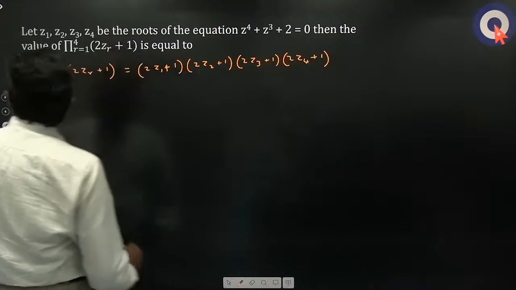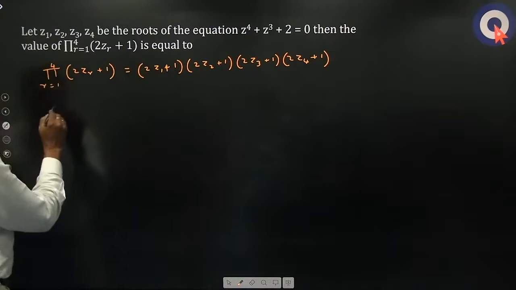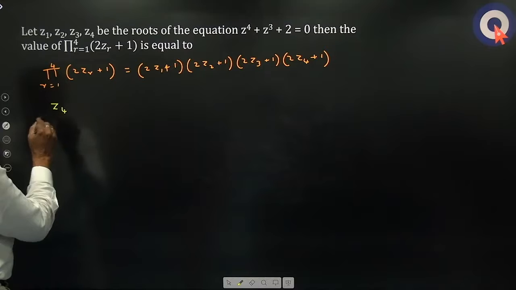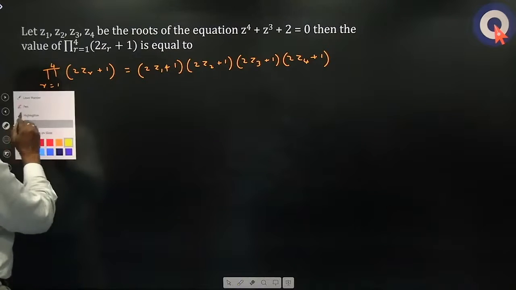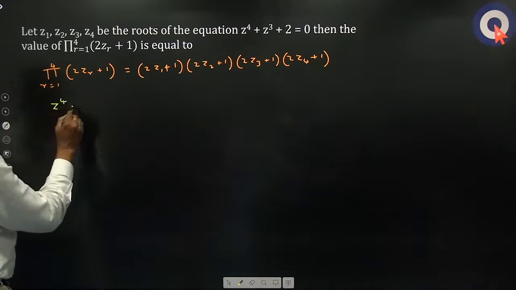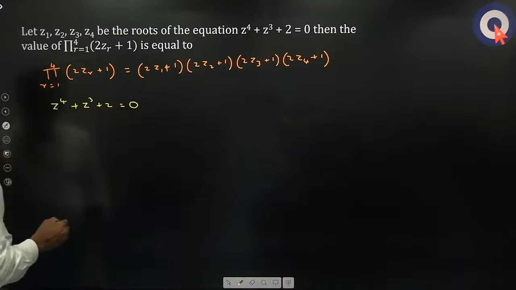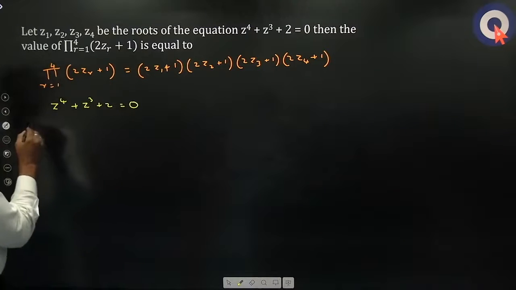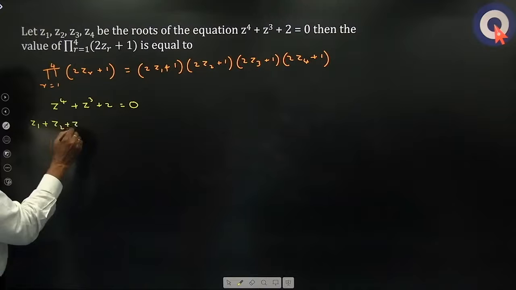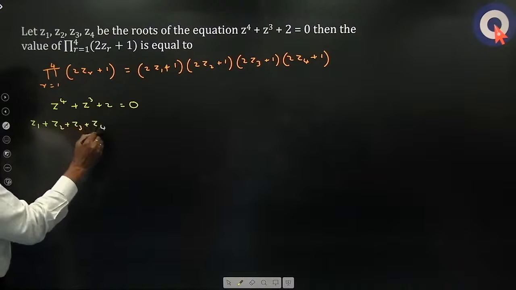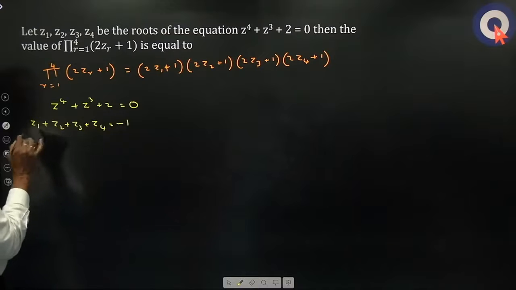The given equation is z power 4 plus z cube plus 2 is equal to 0. For this equation, the sum of the roots, z1 plus z2 plus z3 plus z4, is minus b by a, which is minus 1.